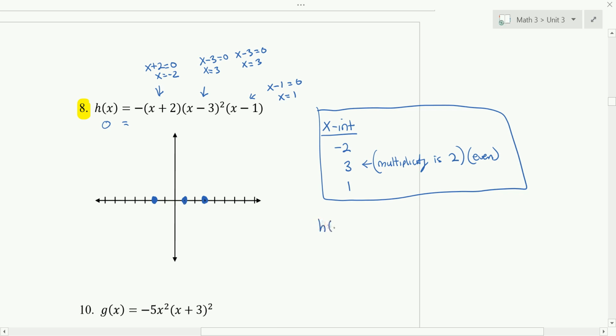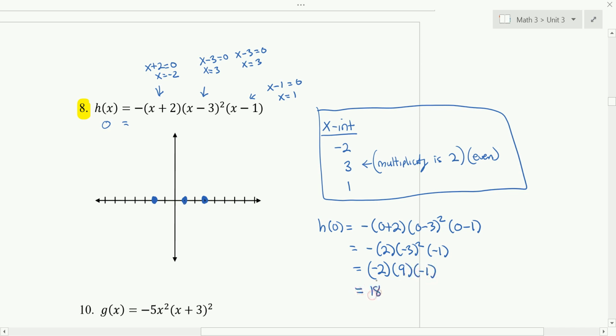We could plug in 0 for x, and we get negative 0 plus 2 times 0 minus 3 squared times 0 minus 1, which is 2 times negative 3 squared times negative 1, which is 2 times 9 times negative 1, which is negative 18 with the leading negative, giving positive 18. So I'm going on the y-axis, I'm going to put a point, and I'm going to label that at 18, height 18.